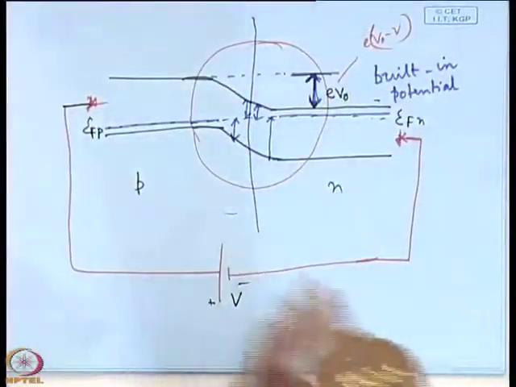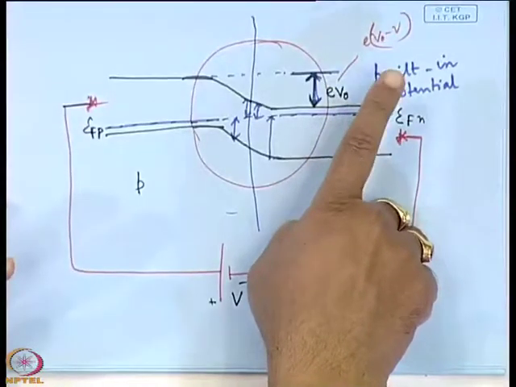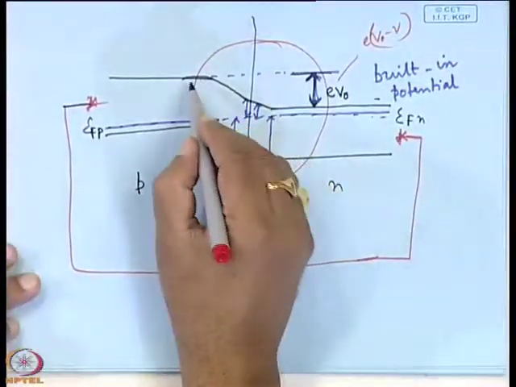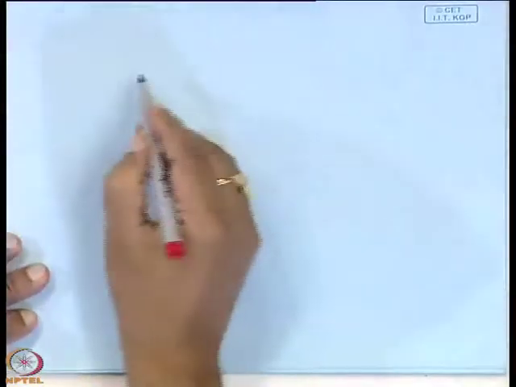Where is there a voltage drop? When there is a resistance. Forget about depletion, the term we are using for p-n junction, but normally where is the voltage drop? When there is a resistance. So, here the depletion region, since it is depleted of free carriers, the resistance must be higher than the bulk regions. So, the whole voltage will be dropped on the depletion region. So, it will be EV0 minus V. Now the band diagram will be like this.